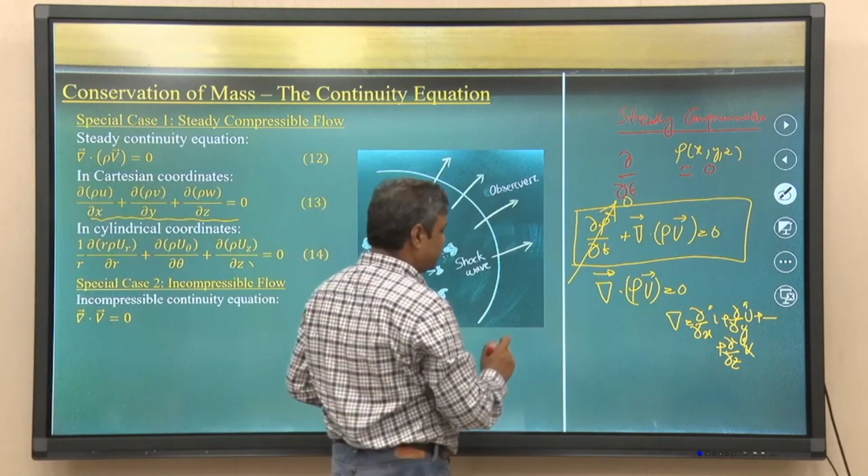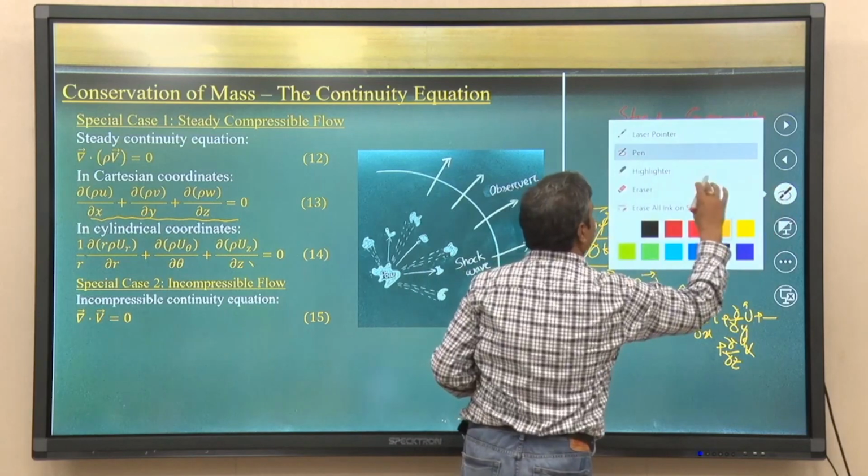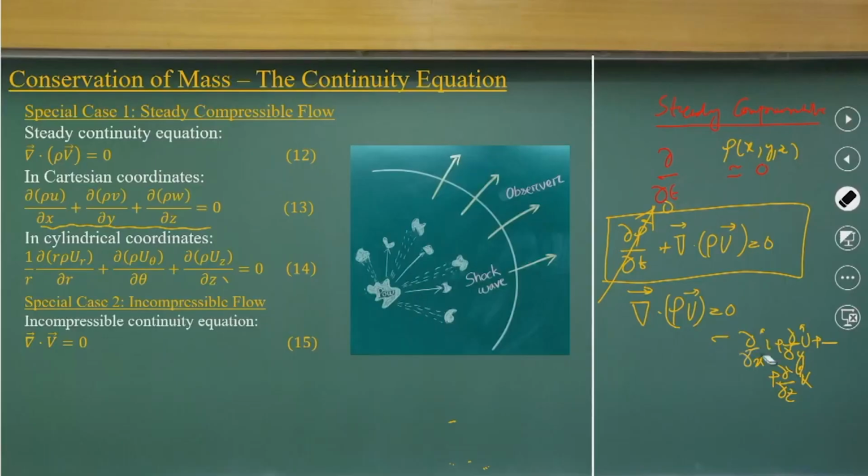Let me write it again to explain these terms. This is just a vector dot product, where del is del by del x i, del by del y j, del by del z k.